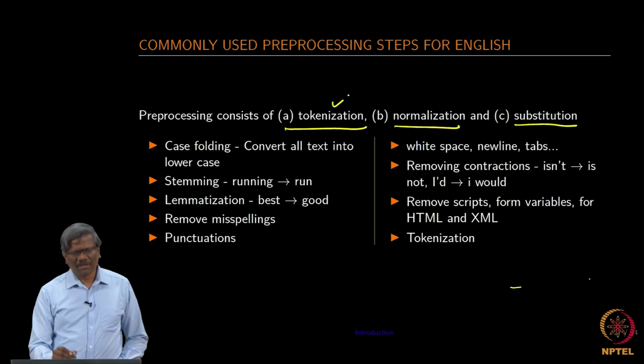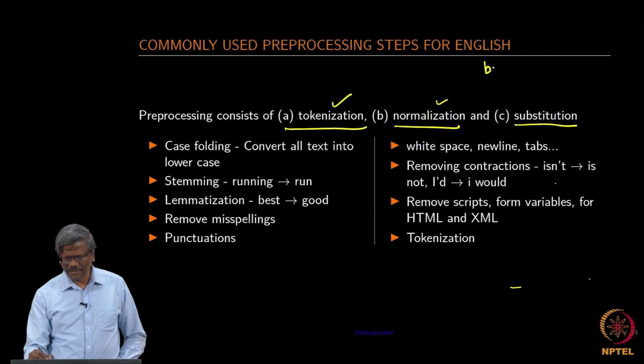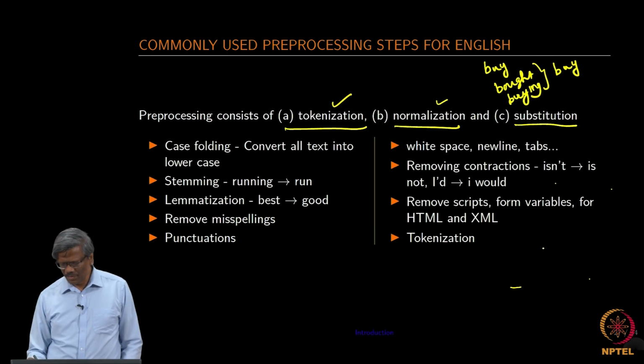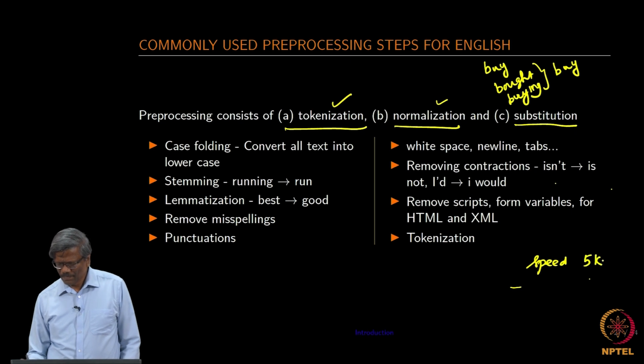So, this normalization is about, I mentioned earlier that if you have by, these two will be converted into by, or in some cases suppose you are solving a physics problem, where the speed is mentioned as, and then the normalization step requires you to convert this into meter per second.